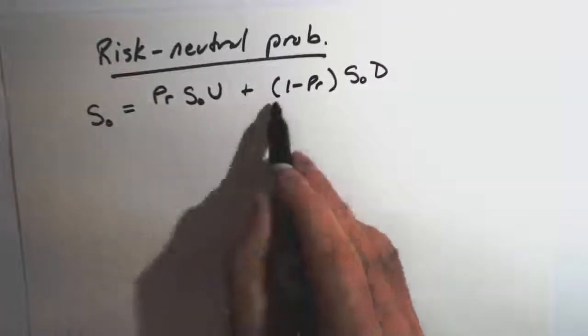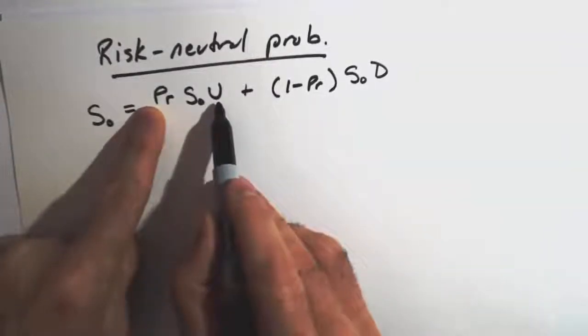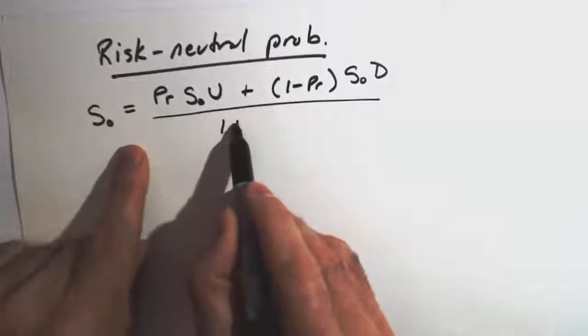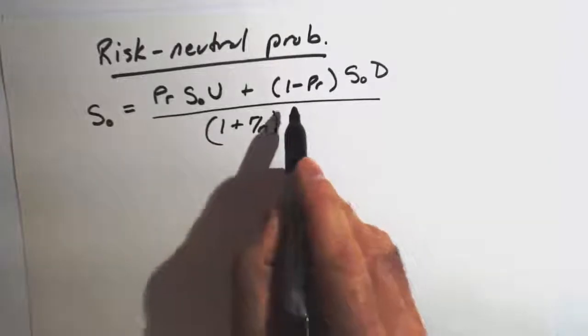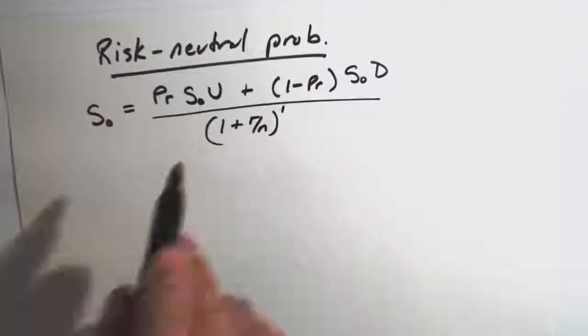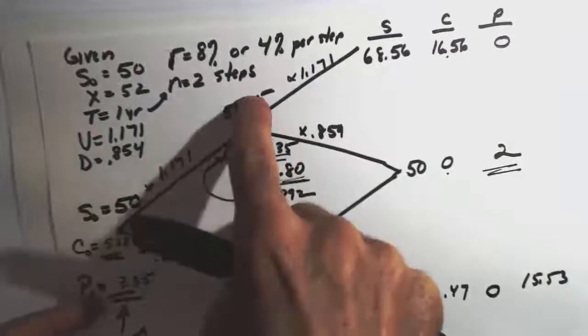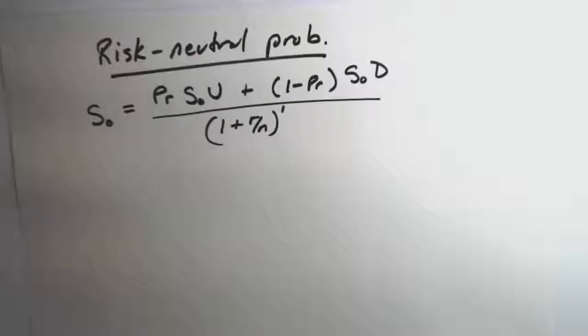And that's the expected value of the stock price 1 period from now, because the stock can go up, the stock can go down with those probabilities, and we're going to discount it back 1 period, because that's what we're looking at, just 1 period. These two prices discounting back 1 period.